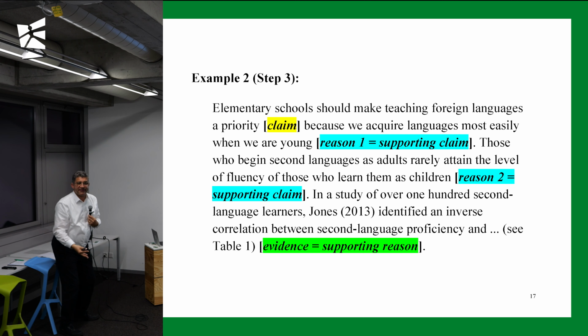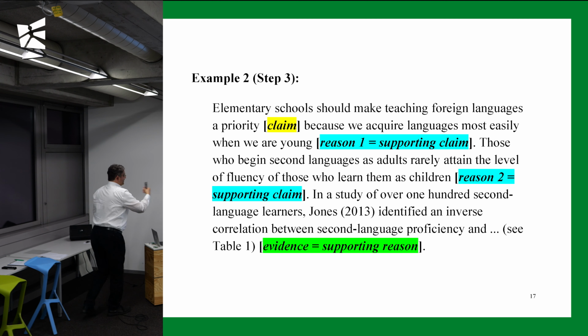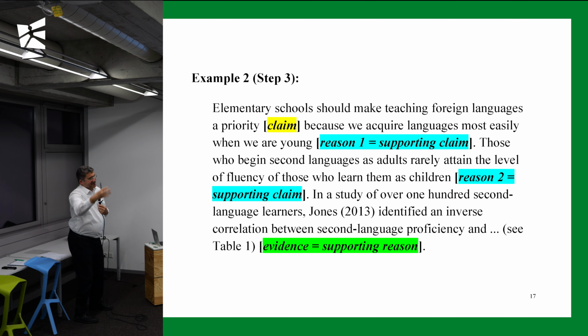See table 1. So seeing is believing, as we all know. I can go and look at the table. I can go and read Jones 2013. So what I have here is evidence, and that in argumentative theory is called a supporting reason. Okay, so I've taken it a huge step further.